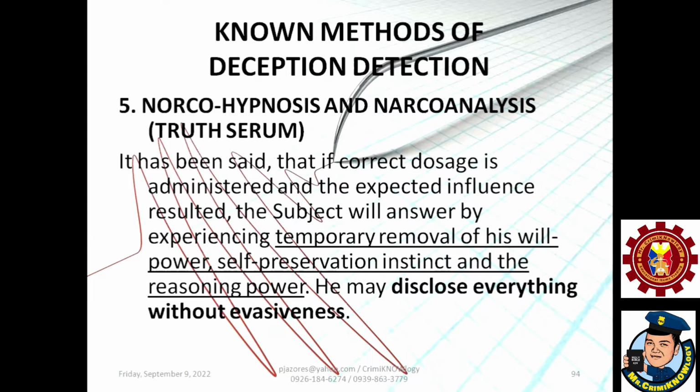Because if the subject is not in the twilight zone, he can hide his memory or his knowledge about the subject of the case. But if he is in the twilight zone, he will lose his willpower and his self-preservation instinct so that he cannot reason, but he will disclose everything without evasiveness.